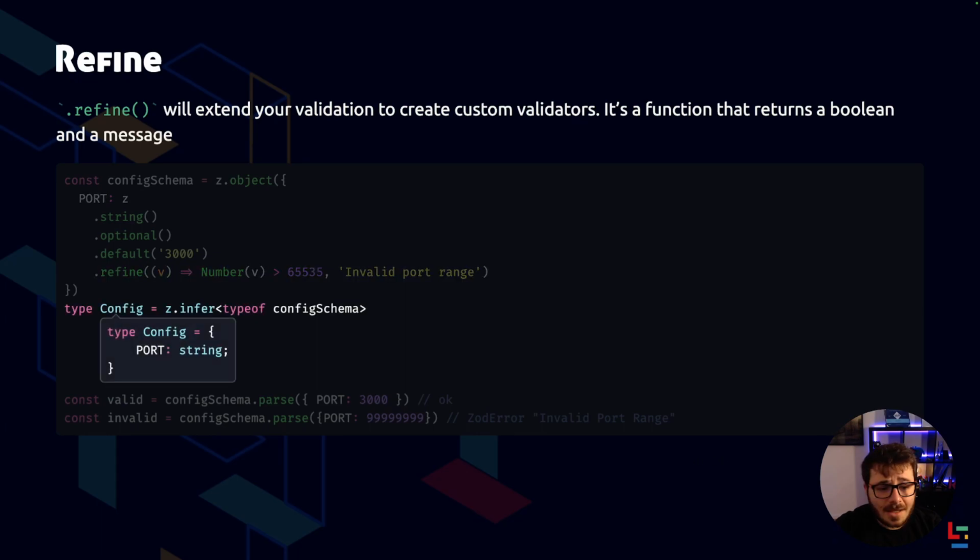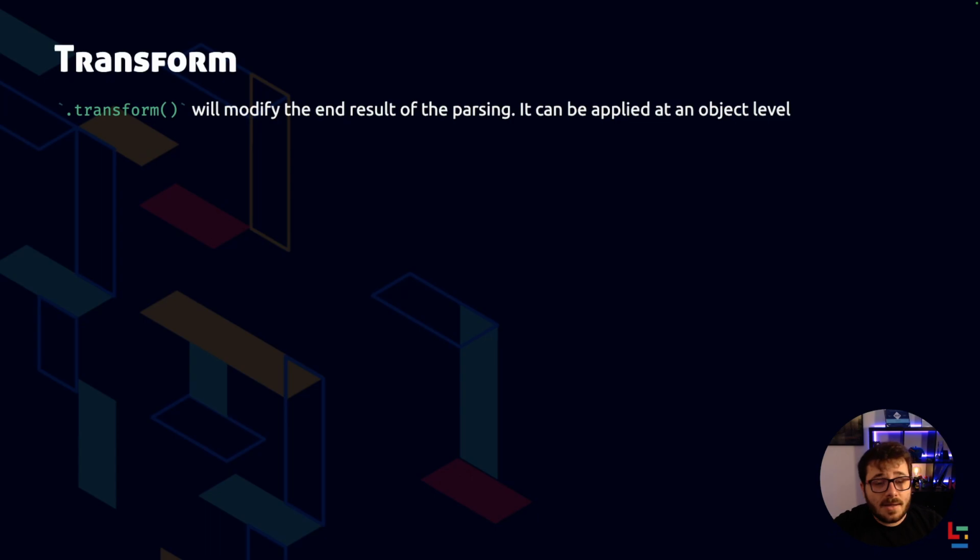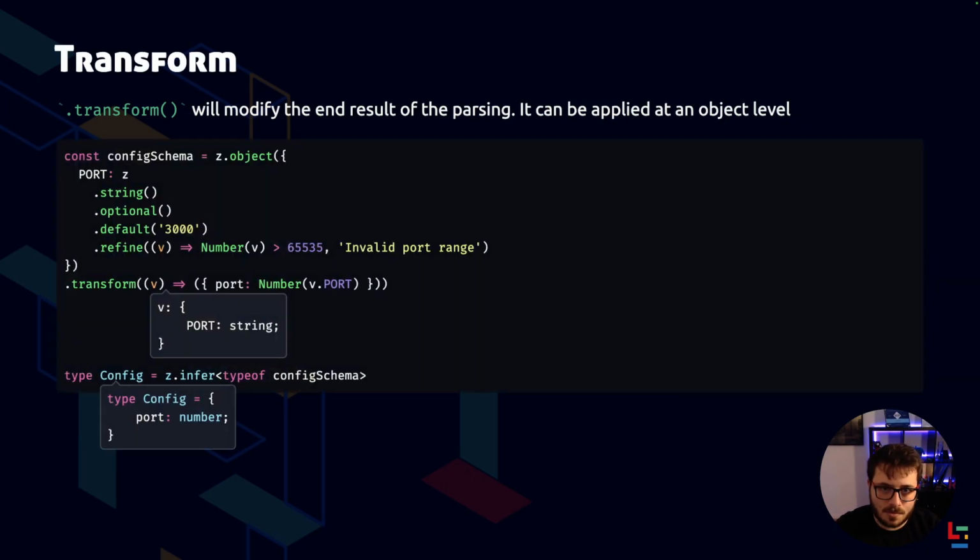And then if you go further, you can see that in the end, we still have the port as an uppercase string and not a lowercase number because we're not using transform, right? We can just validate, and if it doesn't validate, it's going to give you a Zod error. But then we can transform and refine. We can do both things. It's actually one of the very common patterns from Zod.